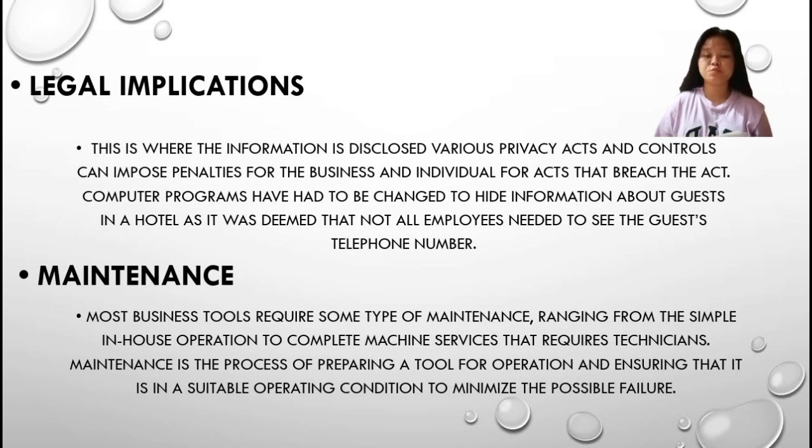Various privacy acts and controls can impose penalties on the business and individuals for acts that breach the act. Computer programs have had to be changed to hide information about guests staying in the hotel, as it was deemed that not all employees needed to see the guest's telephone number.